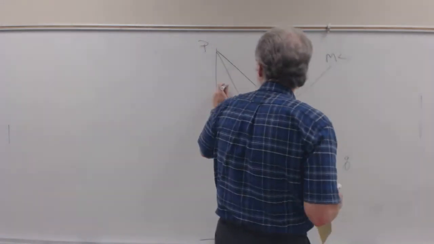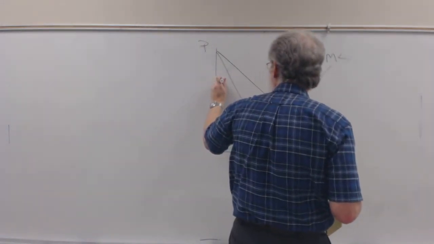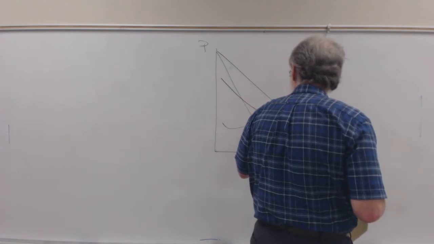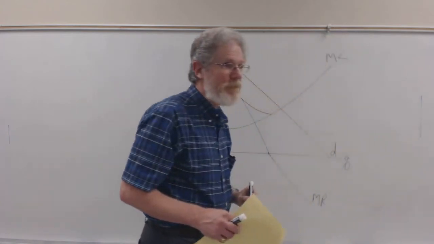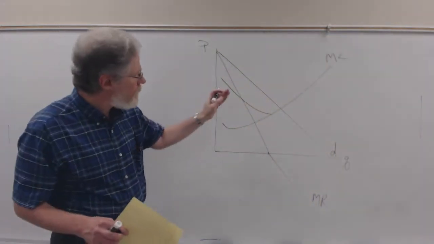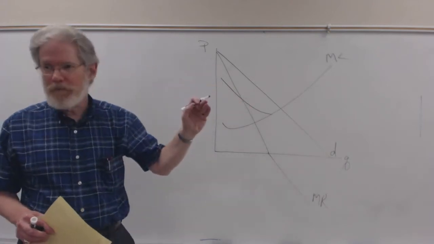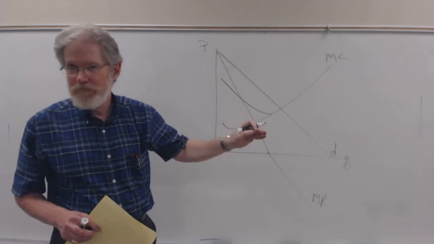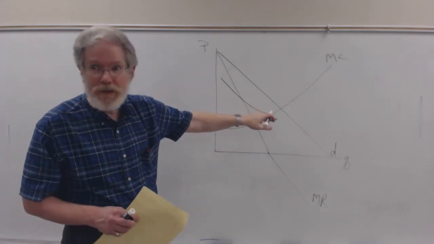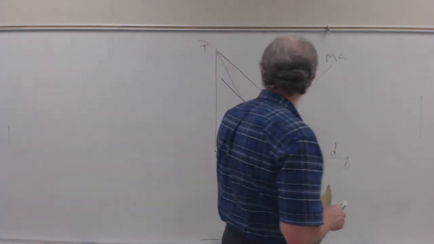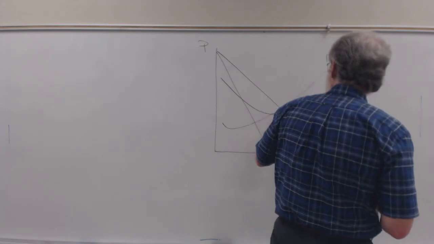We know every firm has an average variable cost curve. Remember what we know about average variable cost. It declines at first. Where does it hit a minimum? At the intersection with marginal cost, and then it starts to increase.